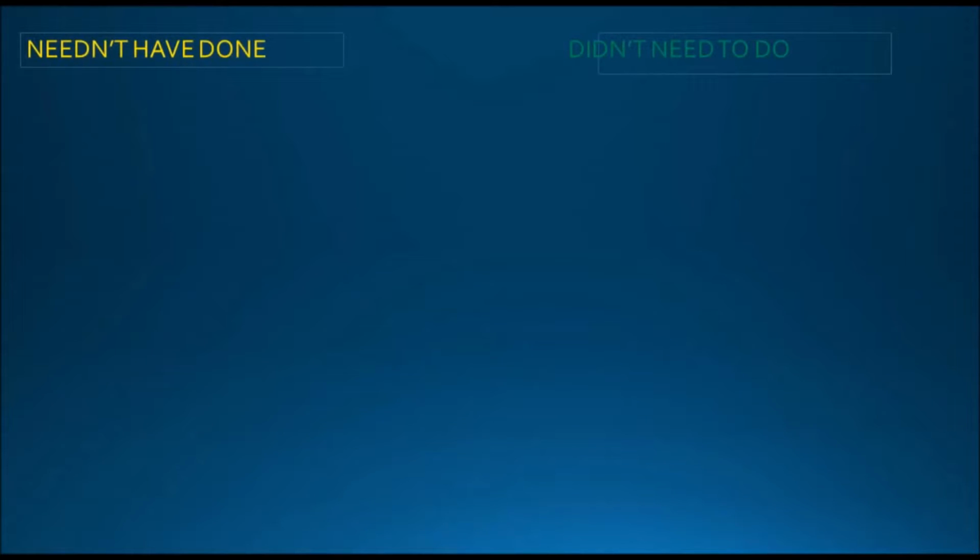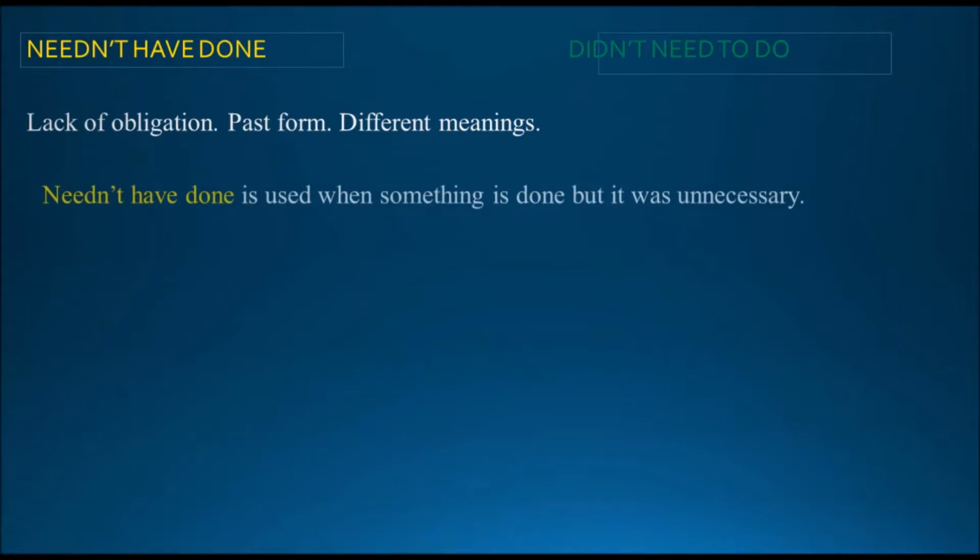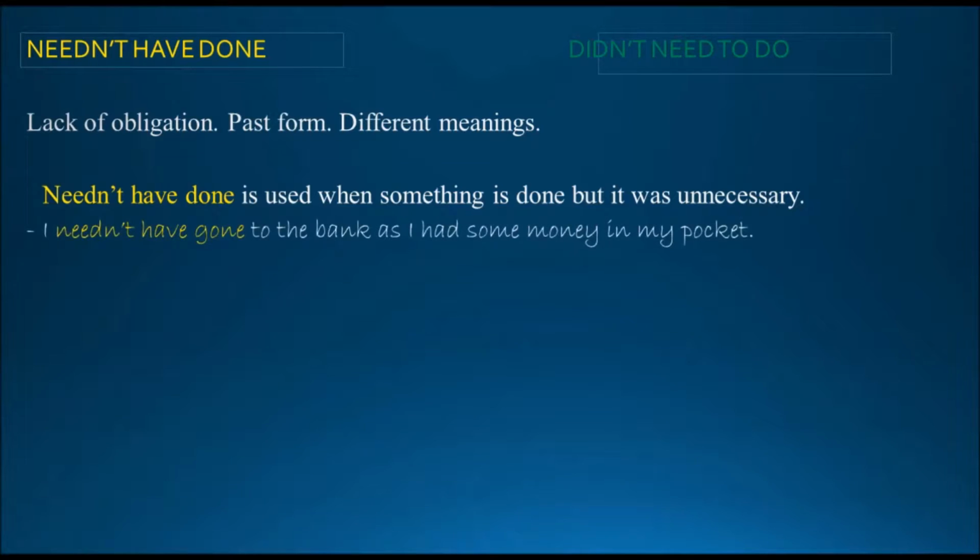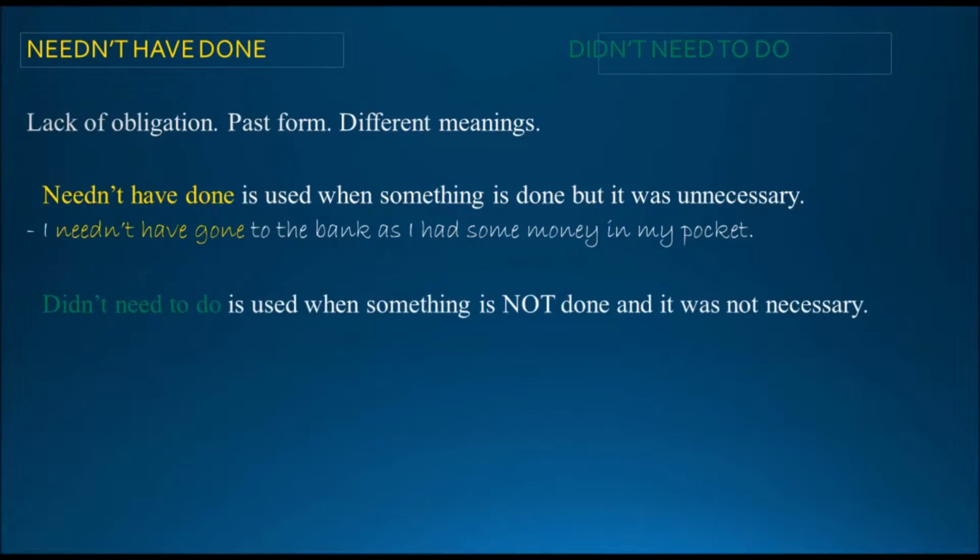Needn't have done or didn't need to do. These past uses express different meanings. Needn't have done is used when something is done, but it was unnecessary. I needn't have gone to the bank as I had some money in my pocket. Didn't need to do is used when something is not done and it was not necessary.